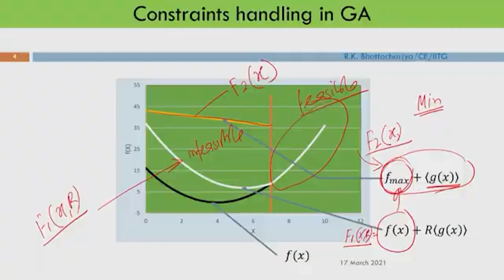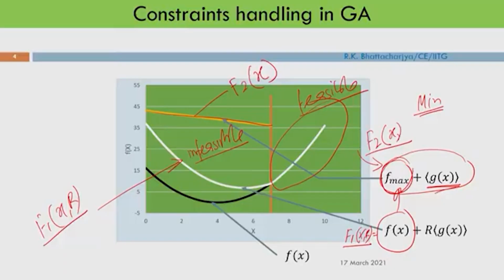Suppose you are applying tournament selection. What will happen is that if an infeasible solution is playing a tournament with a feasible solution, the feasible solution will be selected, because its fitness value will be better. And if any two infeasible solutions go for a tournament, the solution with lesser constraint violation will be selected, is it not?